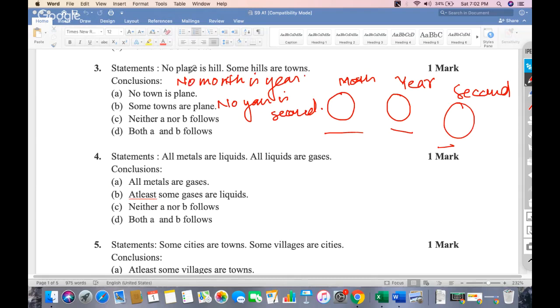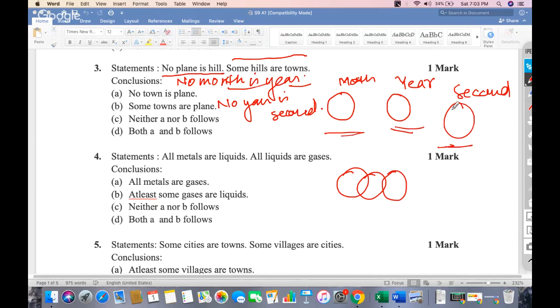Here the question is different. The first one is completely negative. The second one is some hills are town. That's why I'm assuming an intersection in these cases, and that's why the answer is different here. In the case of month and year, you cannot write it like this, that this is month, this is second, and this is year. All three have to be different.